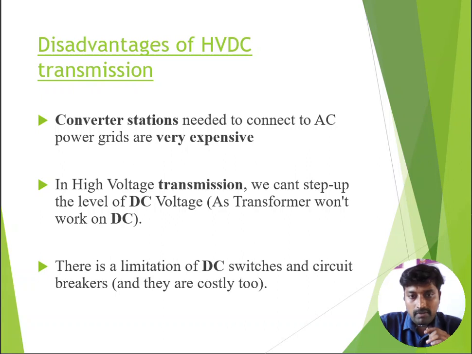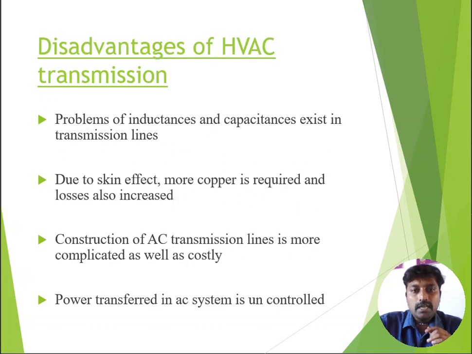That means you need converting stations at the generation end as well as the distribution end. This is somewhat costly, and switchgear equipment is also required, such as DC switches and circuit breakers. There are some limitations and comparatively it is costly. So these are some disadvantages of HVDC transmission.